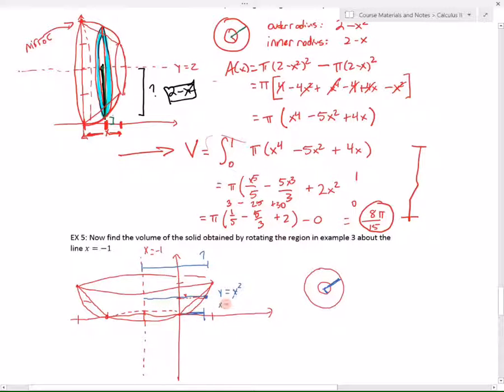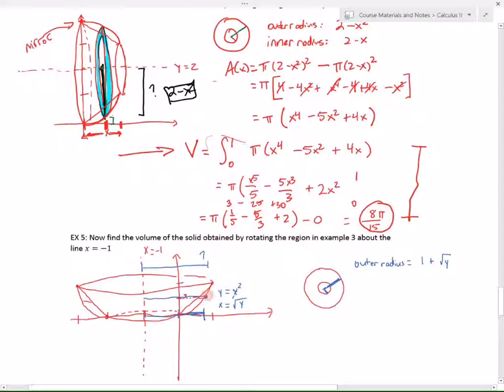So that says x is equal to the square root of y, just taking the square root of both sides. So it's this distance from here over plus the distance out to the function. So the outer radius will be 1 plus square root of y.